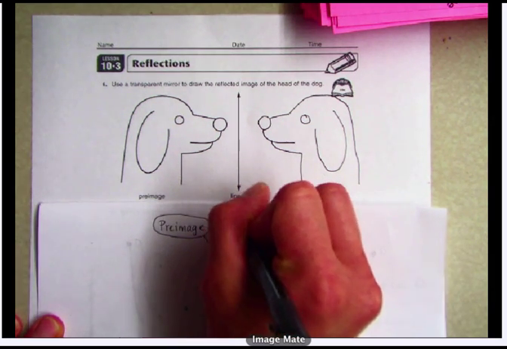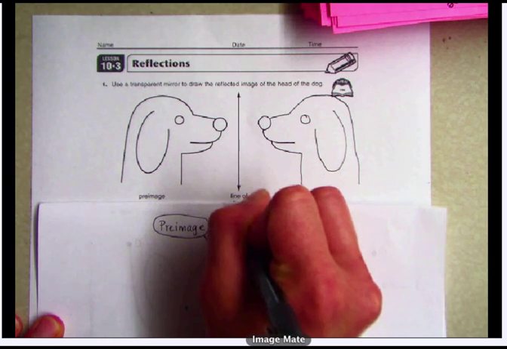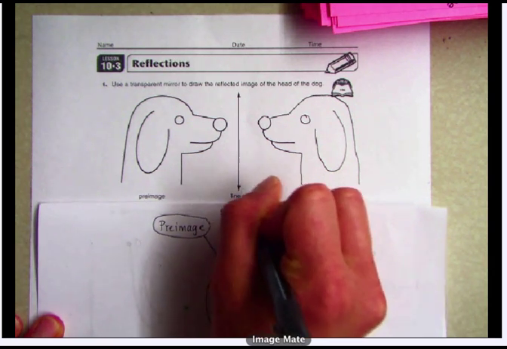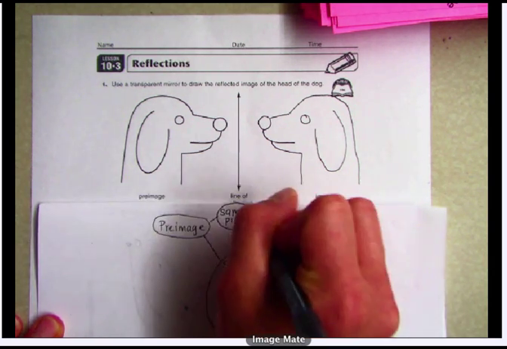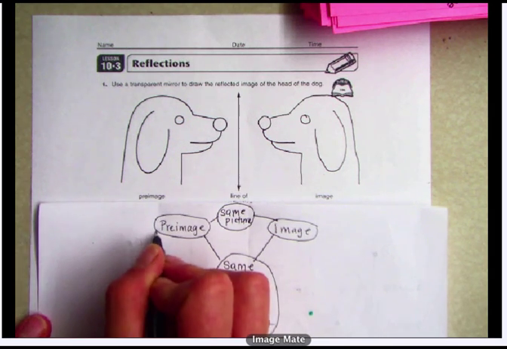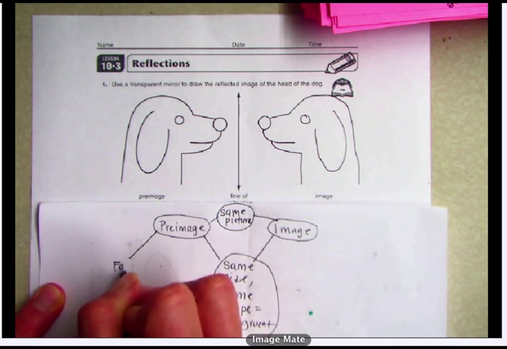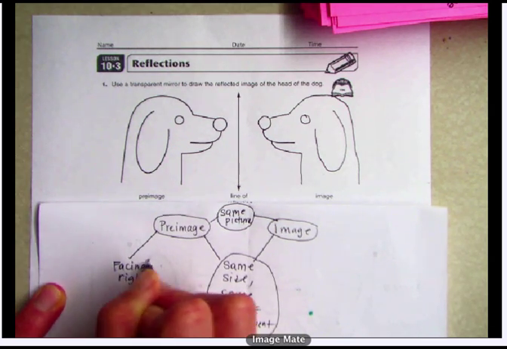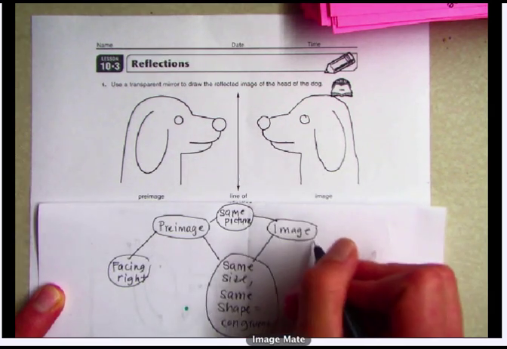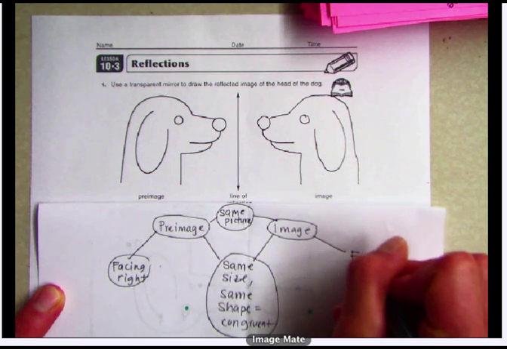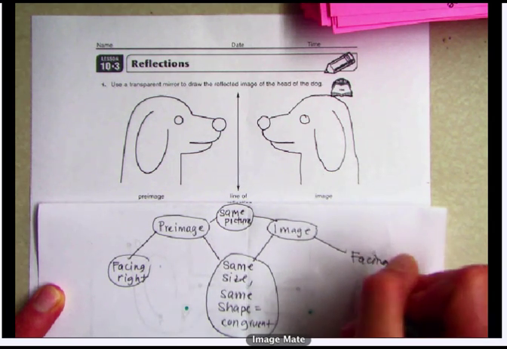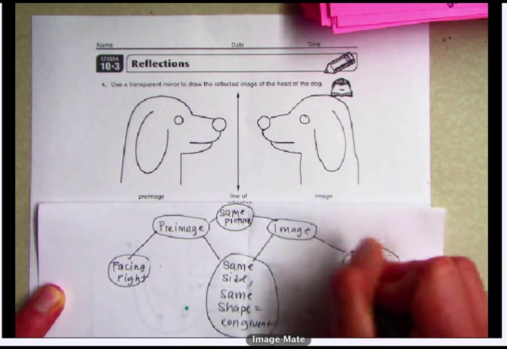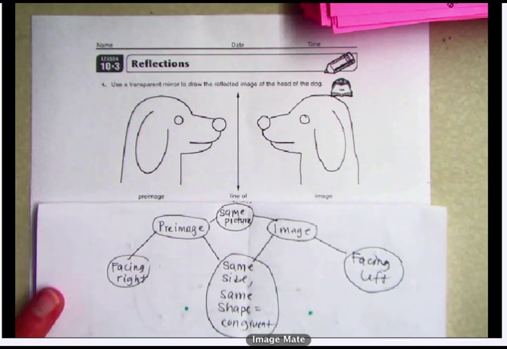They're the same picture. We haven't changed the picture at all. But what's different about it? Well, our pre-image is facing right. The dog is looking to the right. And our image is facing left. So that's something that's different about the two.